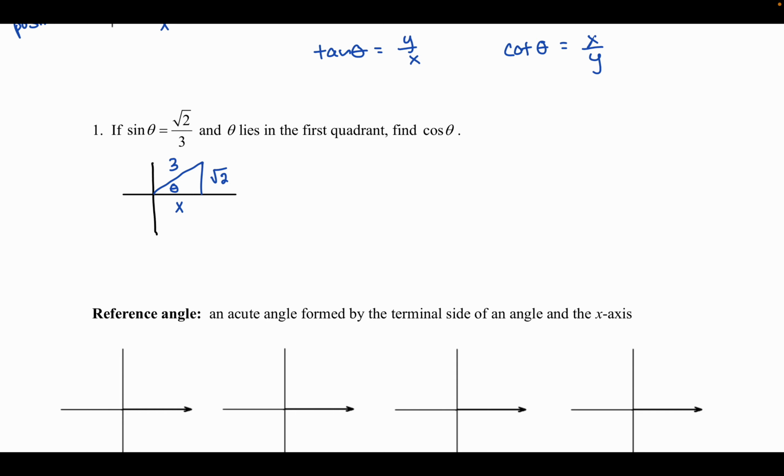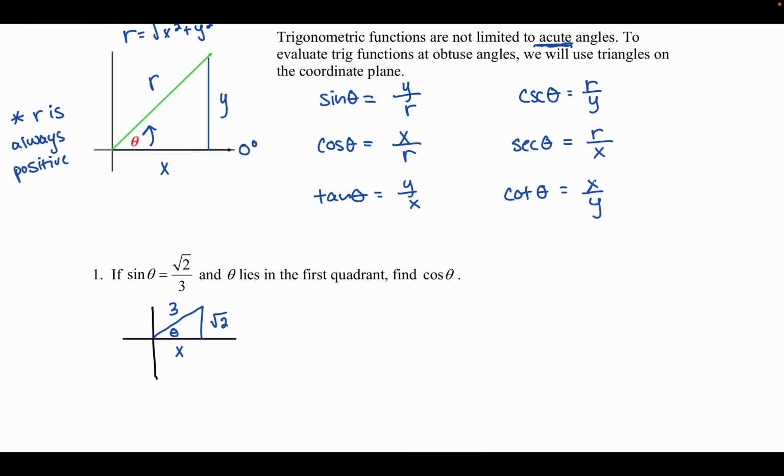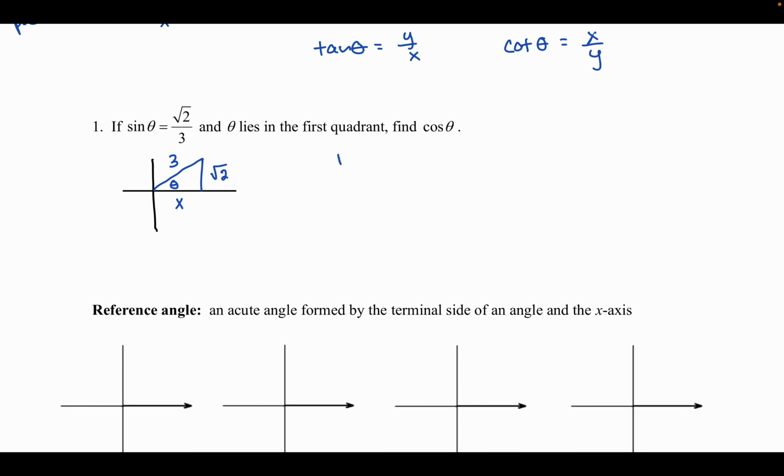I can use my new definitions, which are really just the old ones, just on the coordinate plane. I'm going to use the fact that r equals the square root of x squared plus y squared. So 3 has to equal the square root of x squared plus 2. I can square both sides, subtract 2, and then I'm going to get x equals plus or minus square root of 7.